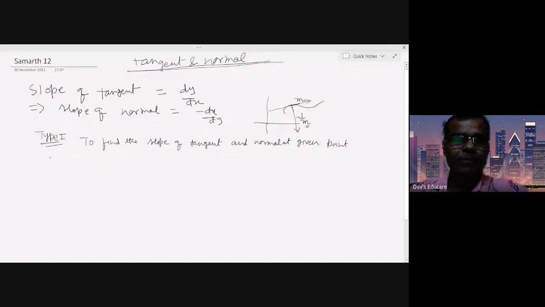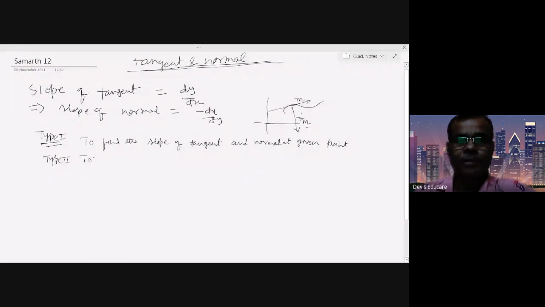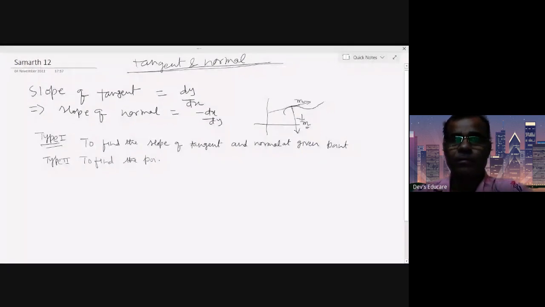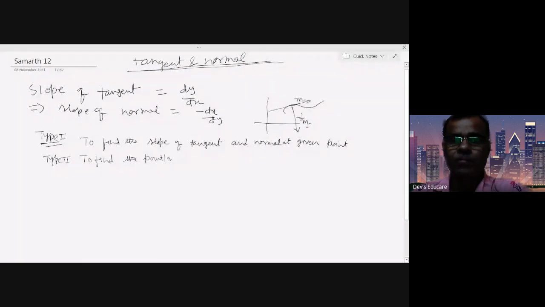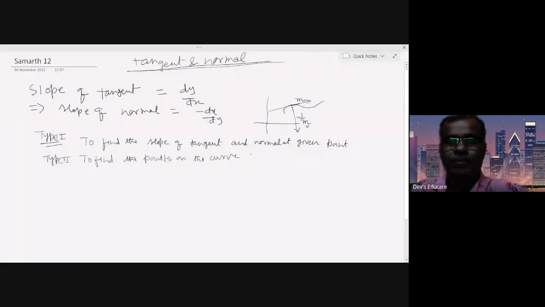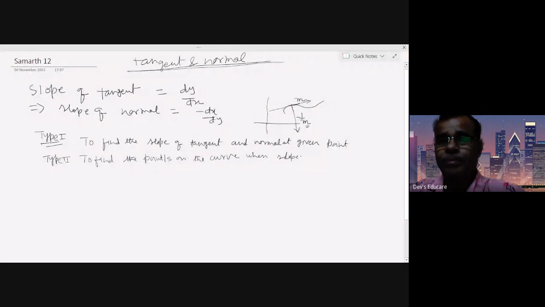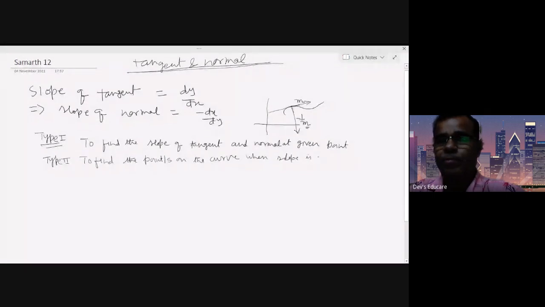And another one, type 2, to find the points on the curve when slope is given.